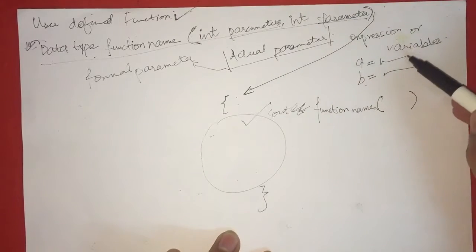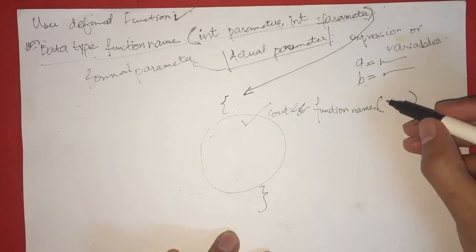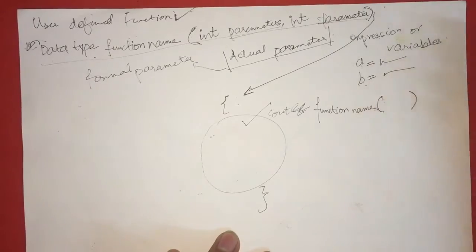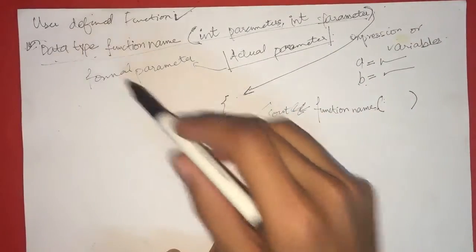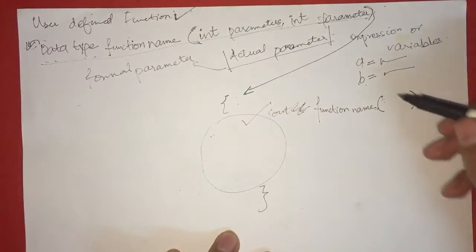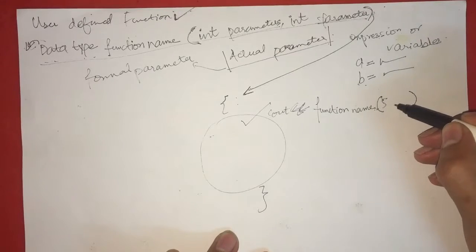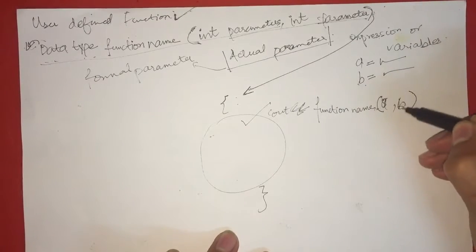This can be a variable, or this can be an expression. For example, you provide it with an integer value or a double value based on the data type you have given in the function heading. So for example, you write here a 5 or 6, or you can write a or b.